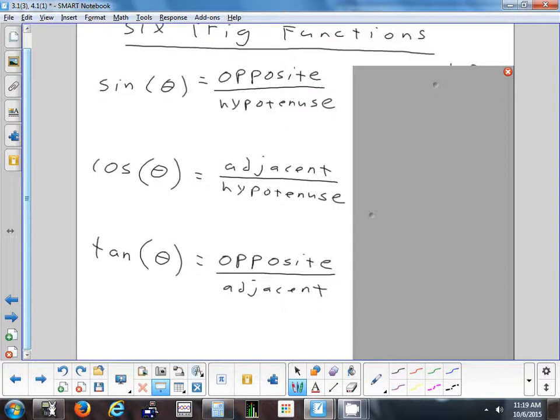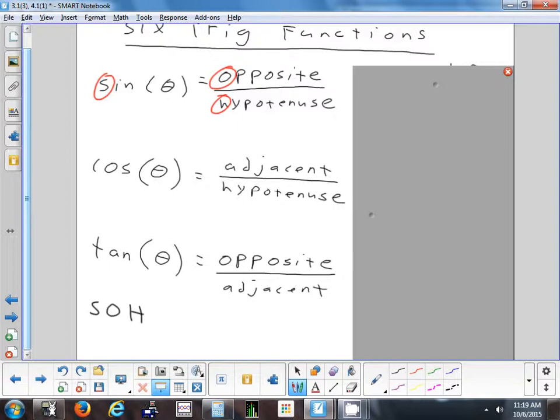And there's a trick to remembering these. Does anybody know the trick? It's a word you can use. Yeah? SOHCAHTOA. Can you just explain that? S for sine and OH, which is opposite hypotenuse. So we have sine is opposite over hypotenuse.